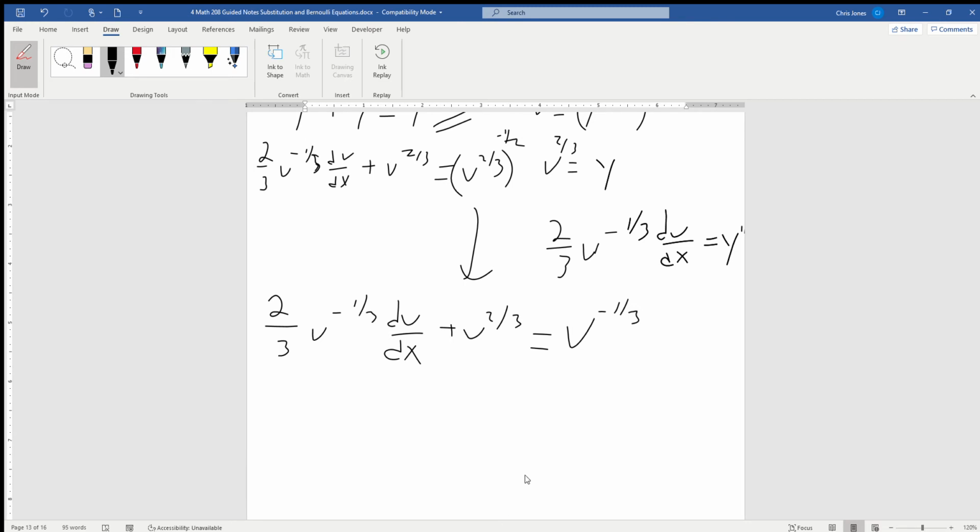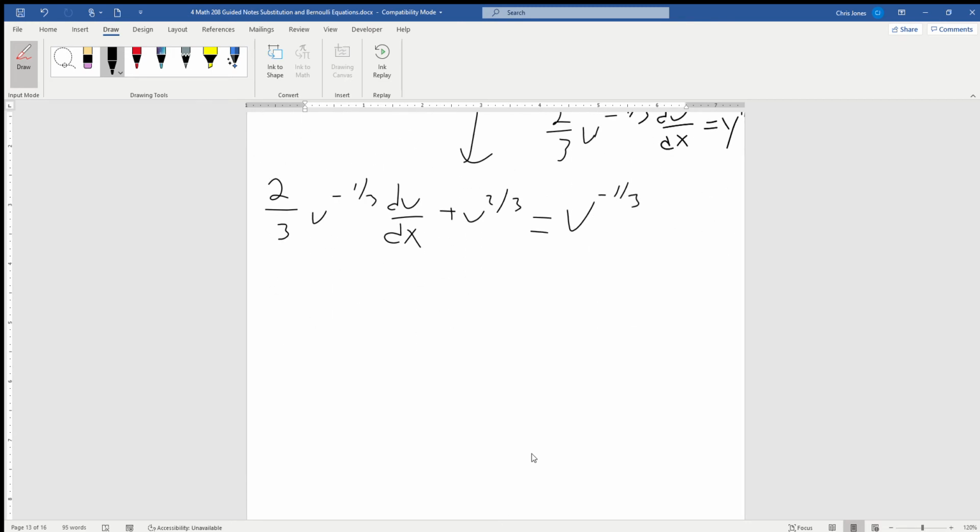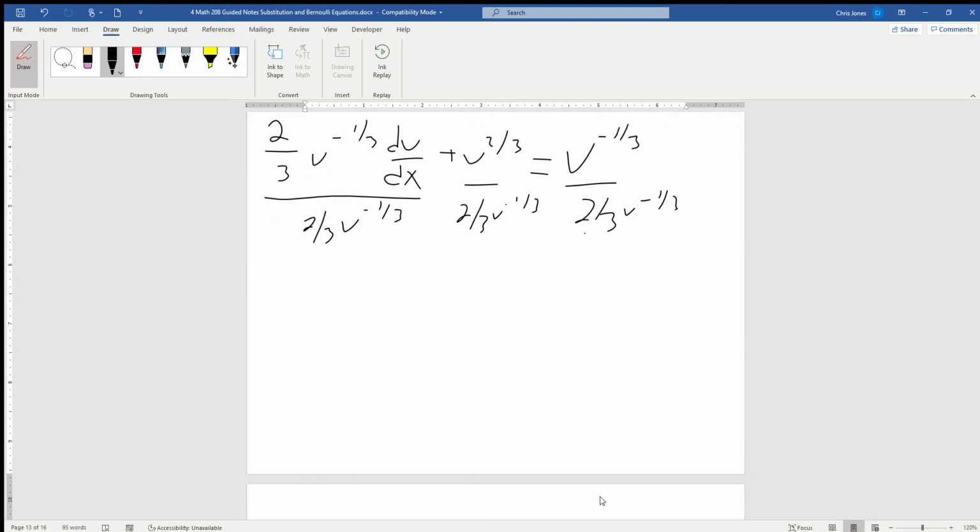We're going to divide everything by 2/3 v to the minus 1/3 power to isolate that first term, and we end up with a nice linear equation.